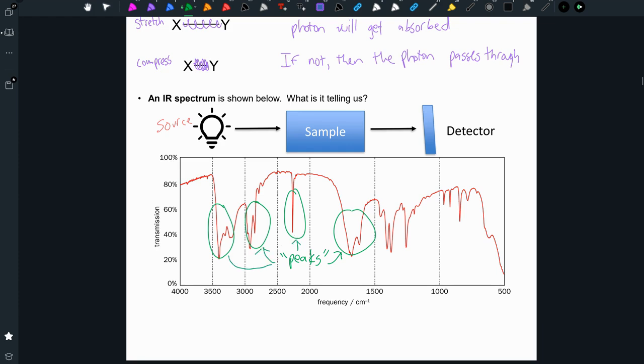You might know that in caves you have stalagmites that point up, and stalactites that point down from the ceiling. These peaks are essentially the stalactites. These represent the frequencies that are getting absorbed. Okay, so those give us interesting information.